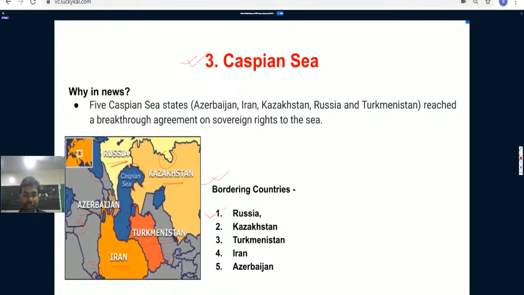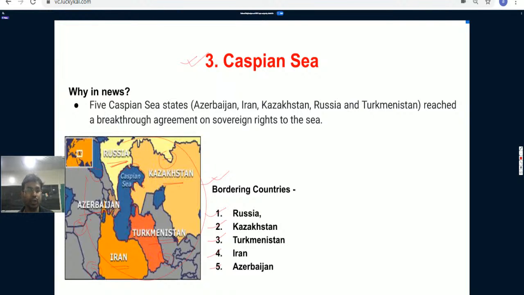Bordering countries are Russia, Kazakhstan, Turkmenistan, Iran and Azerbaijan. How can you remember? Just make a clockwise circle over here, and remember 5 countries share a maritime border with the Caspian Sea: Russia, Kazakhstan, Turkmenistan, Iran and Azerbaijan.